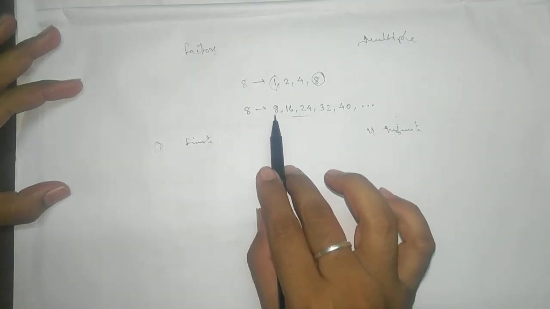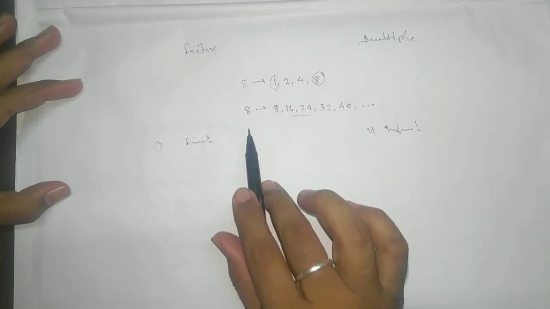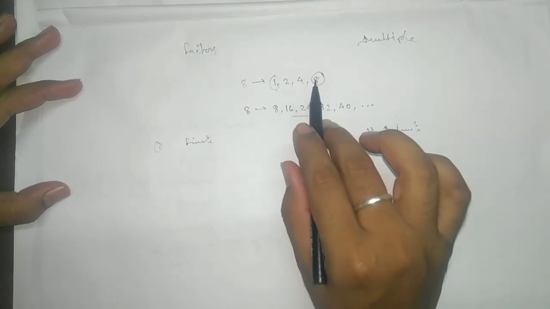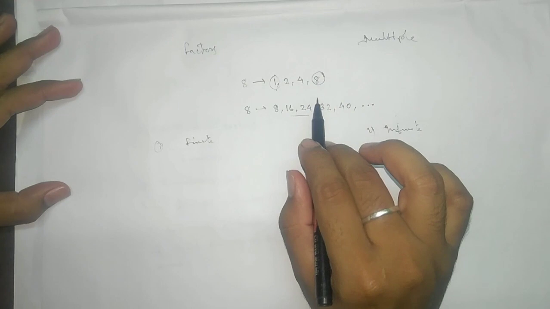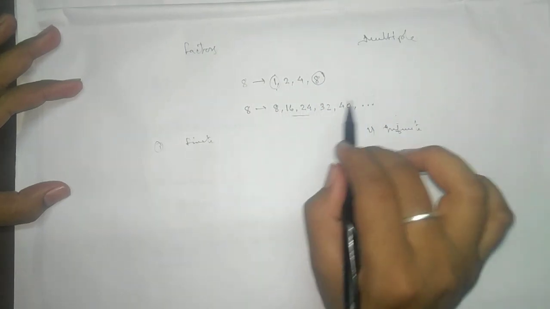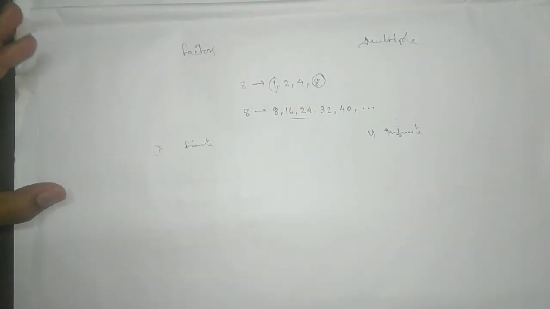Multiples are always equal to or greater than the number itself, while factors are smaller than or equal to the number, not more. That is the difference between multiples and factors.